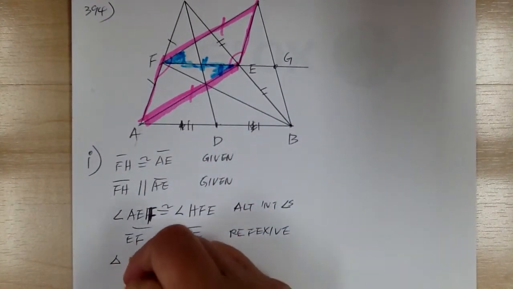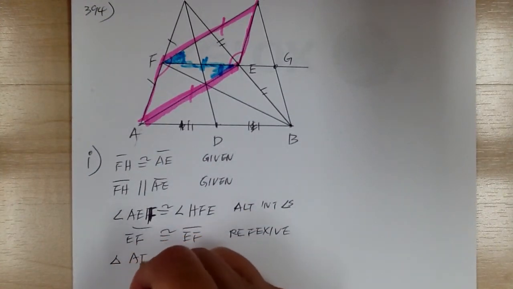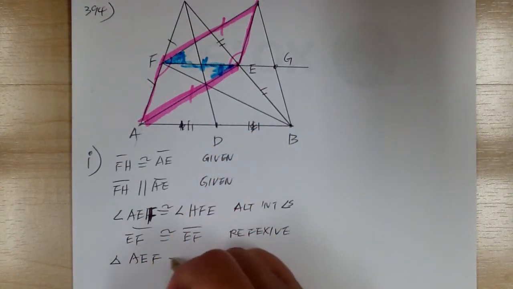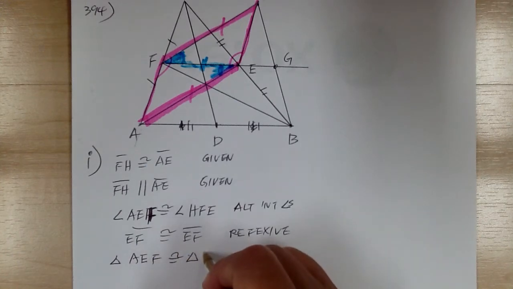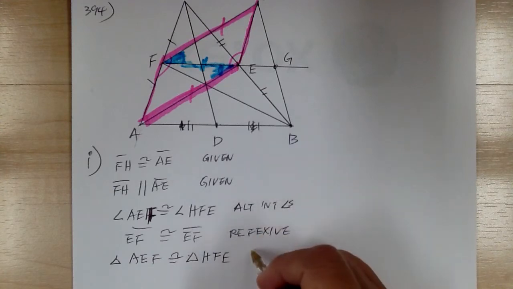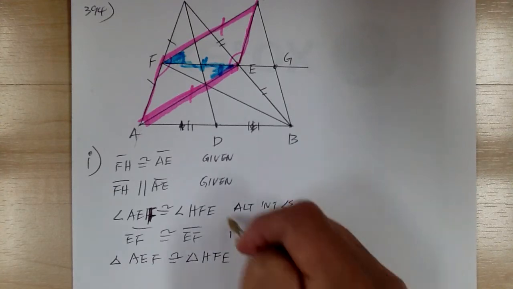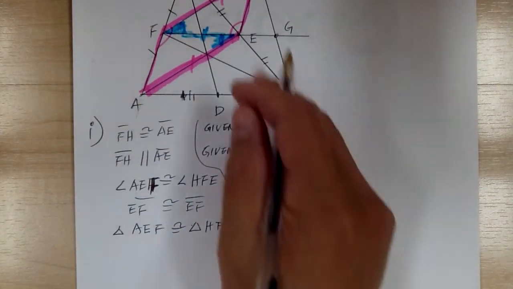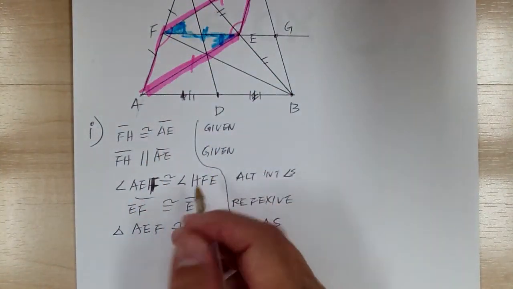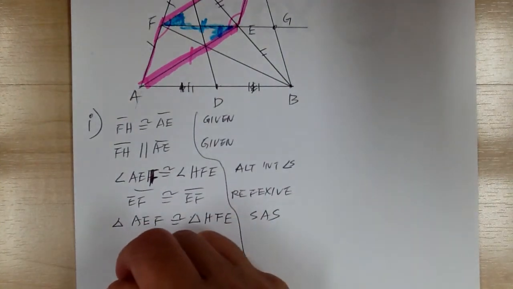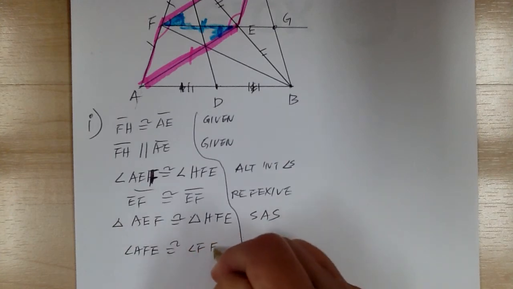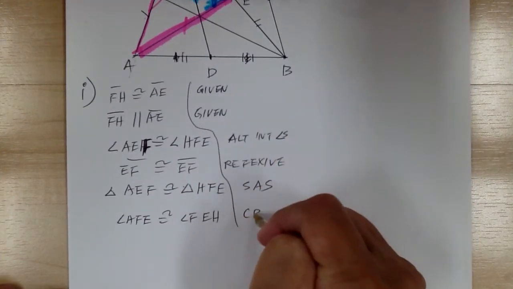So you have triangle AEF is congruent to triangle HFE, and the reason would be SAS. Okay, now once we get two triangles congruent, then we have angle AFE is congruent to angle FEH, and this would be CPCTC.